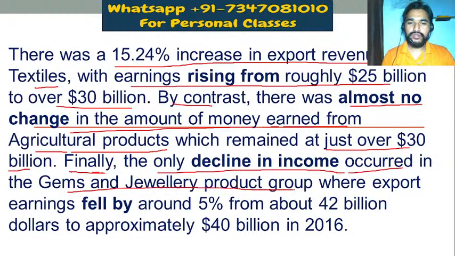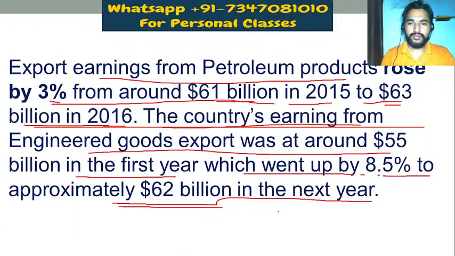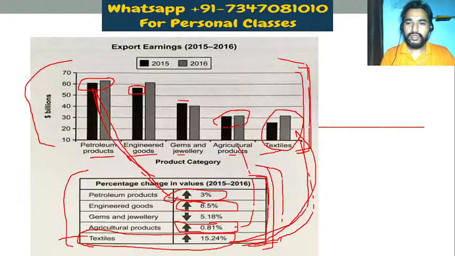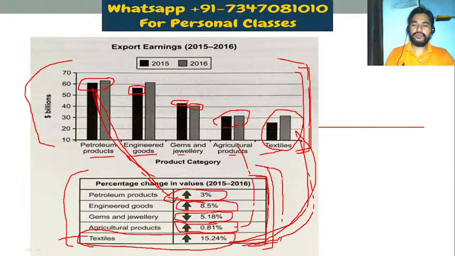So the decline happened only in the gems and jewelry product group, where export earning fell by around 5%, from about $42 billion to approximately 40 billion in 2016. So it was near about $42 billion and came down to 40 billion. So 5% decrease happened in gems and jewelry. So only gems and jewelry decreased, all the rest increased in terms of export earning.